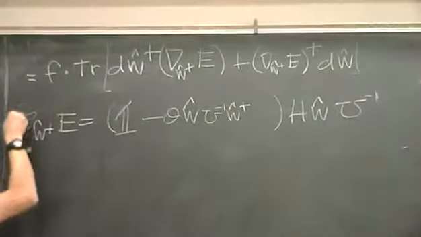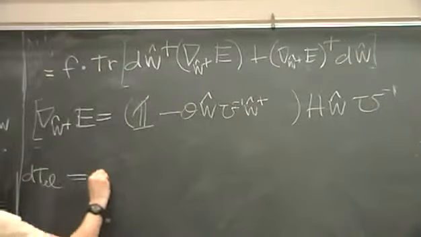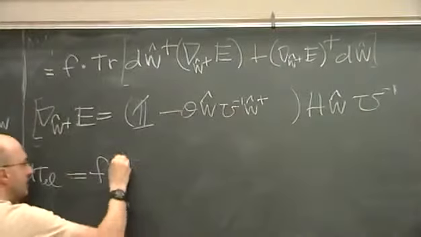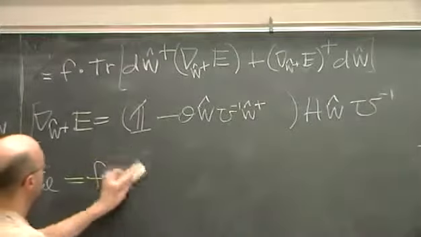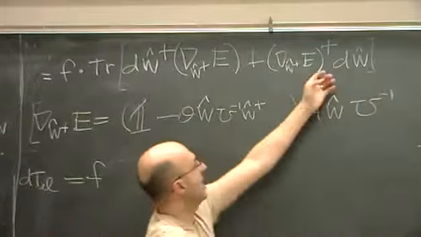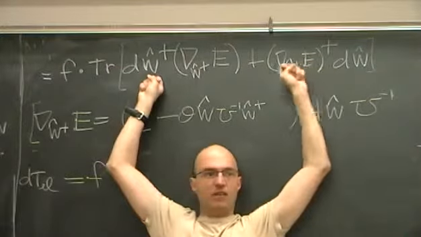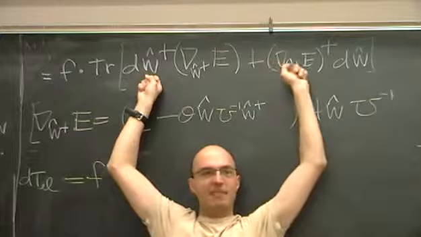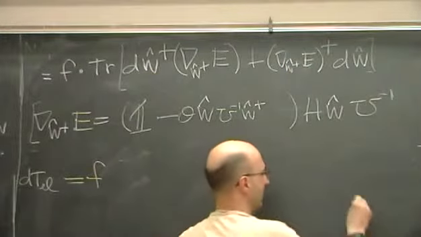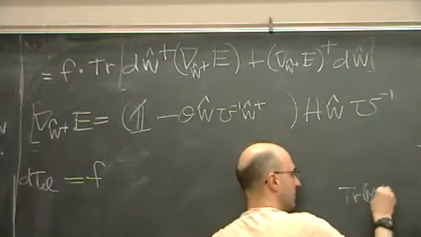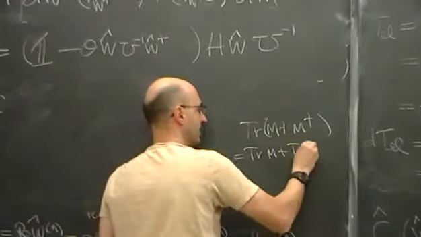So that's my expression. The differential of the kinetic energy equals, apparently, F times the trace. Before I do that, as we've already pointed out, these guys are Hermitian conjugates of each other, right? So the trace of one is the complex conjugate of the trace of the other one. I'm saying that the trace of matrix plus matrix dagger is trace of matrix plus trace of matrix dagger.